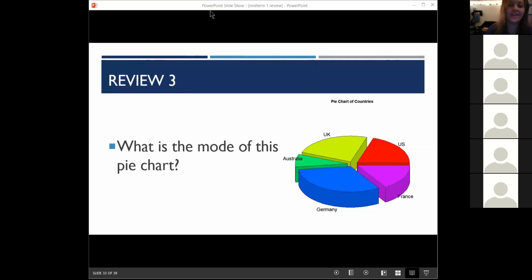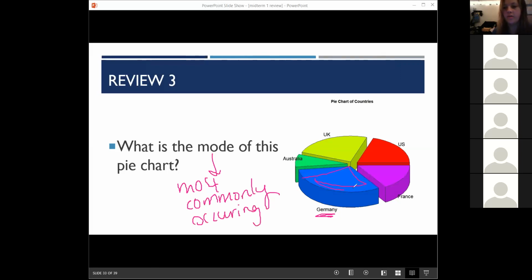Good job. It's actually funny, in my notes I spelled Germany wrong too. I'm not really sure what the situation was with that, but great job. So our answer is Germany here, because the mode is the most commonly occurring one. You can see the most commonly occurring will be Germany because it's taking up the most of the pie. So that's the piece you want. All right, cool. Good job.